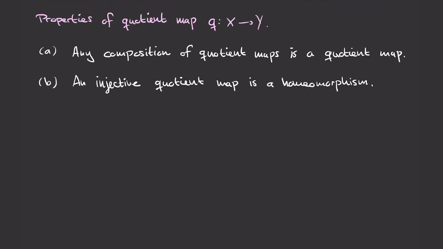The next property is that injective quotient maps are actually homeomorphisms. Why is this?